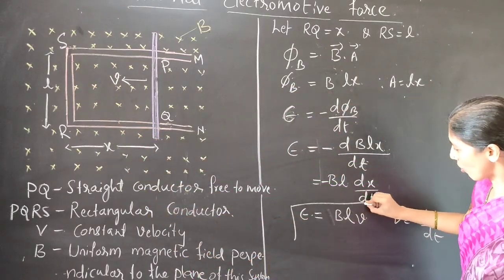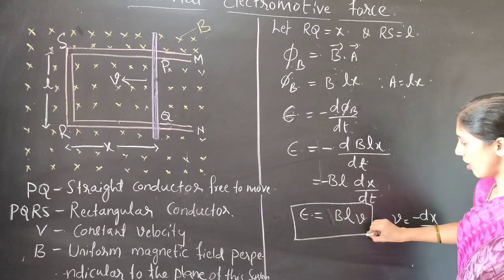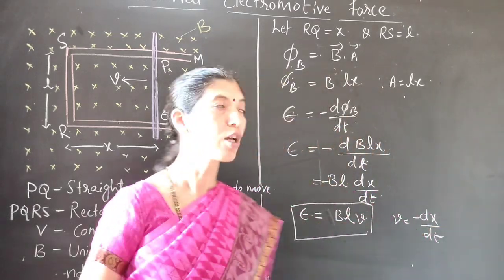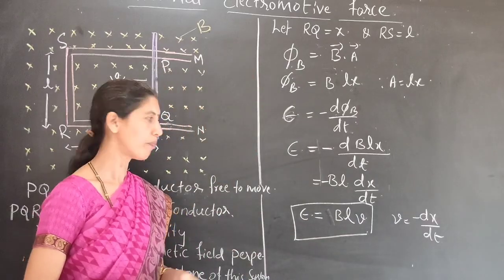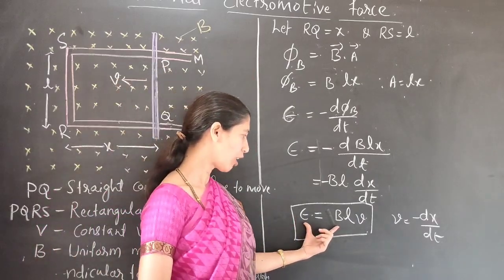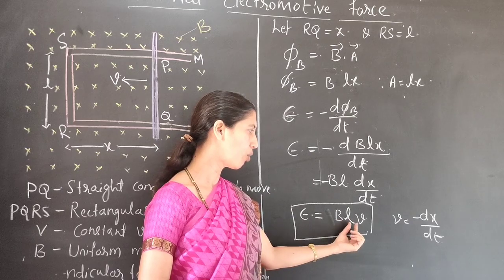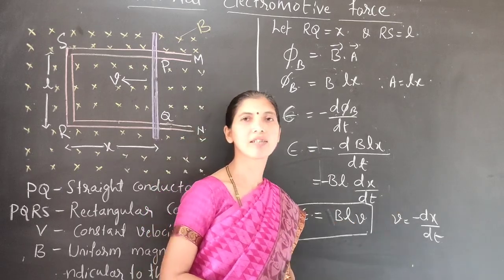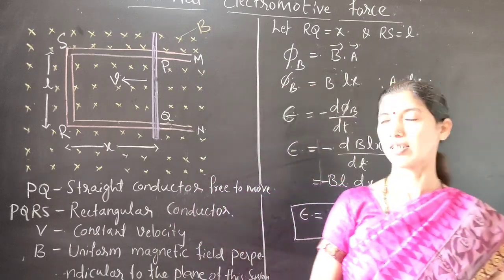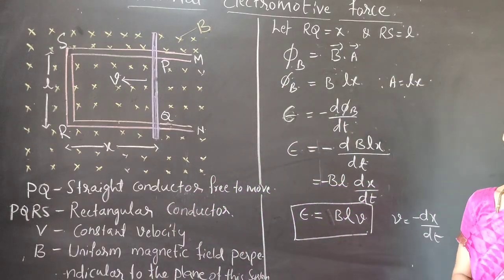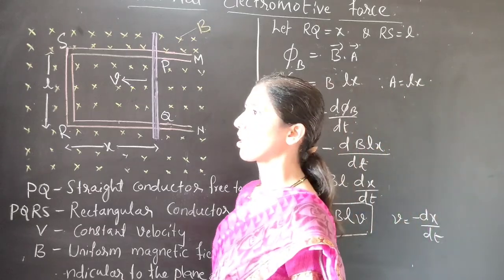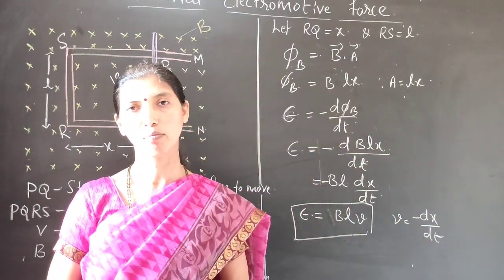Therefore, E is equal to BLv is the expression for induced EMF, which is called motional EMF. So motional EMF E is equal to B into L into v, where v is minus dx divided by dt. Thus, we are able to produce the induced EMF by moving the conductor instead of varying the magnetic field.